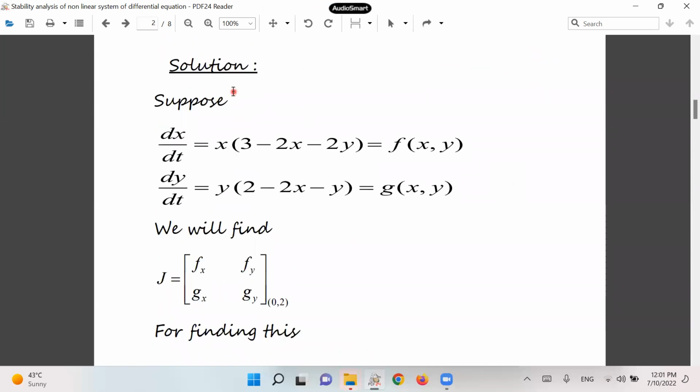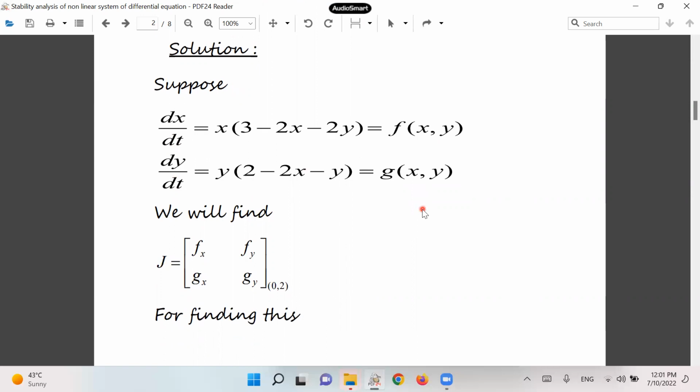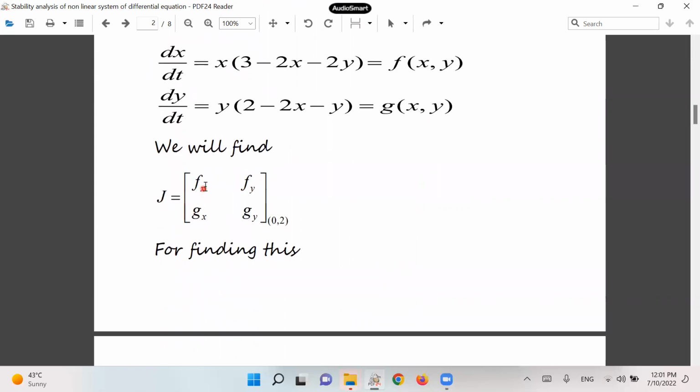Now, how to find the solution of this? The first step is to suppose that the first equation, dx by dt, equals the function f of x, y, and the second equation, dy by dt, equals the function g of x, y. What is the purpose of substituting them as f of x, y and g of x, y? We have to find the J matrix.